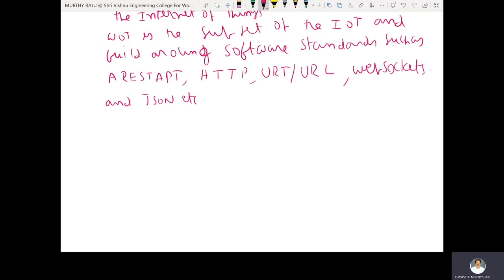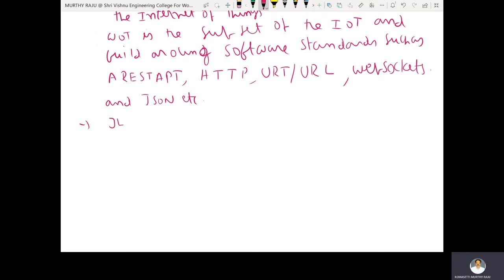WoT is a subset of IoT. The Web of Things only deals with the highest OSI layer, layer 7, that means the application layer, which handles applications, services, and data.